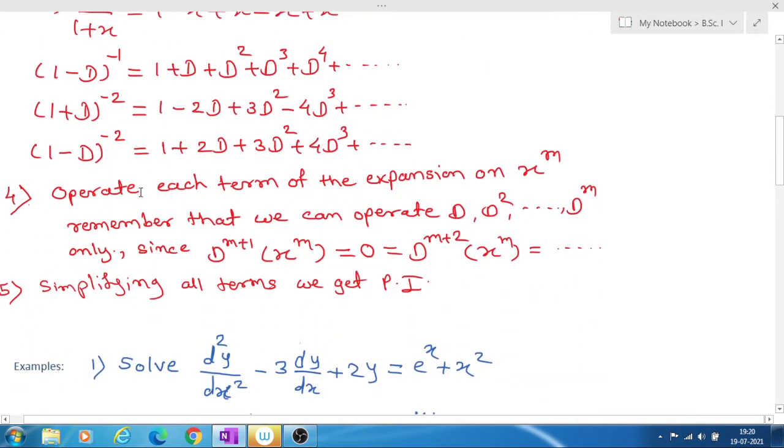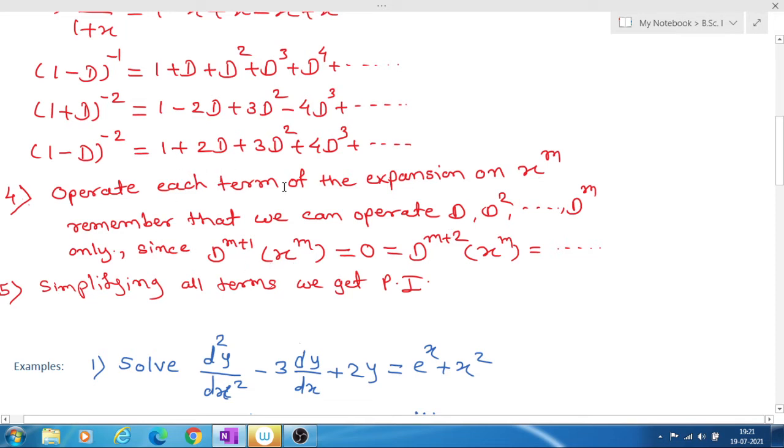After that, operate each term of the expansion on x raised to m. You write the expansion of 1 plus 5d or 1 minus 5d raised to minus 1, and those terms we have to operate on x raised to m. So each term you operate on x raised to m.